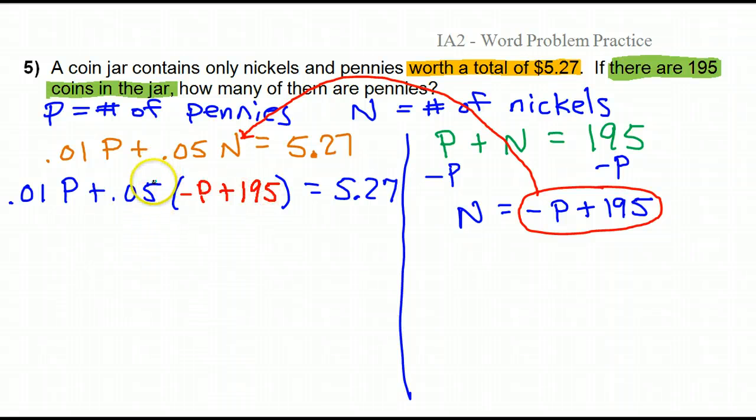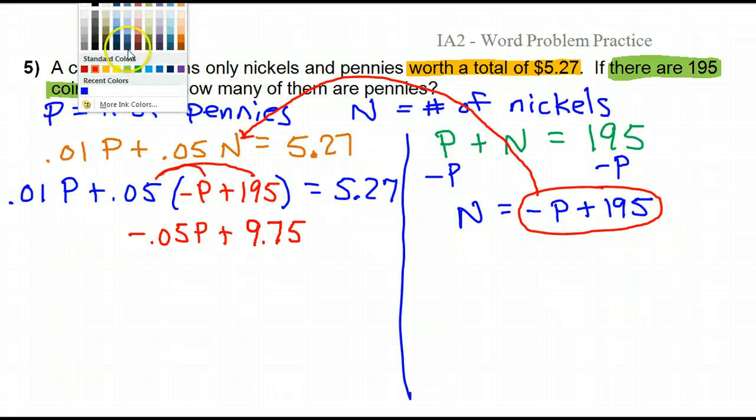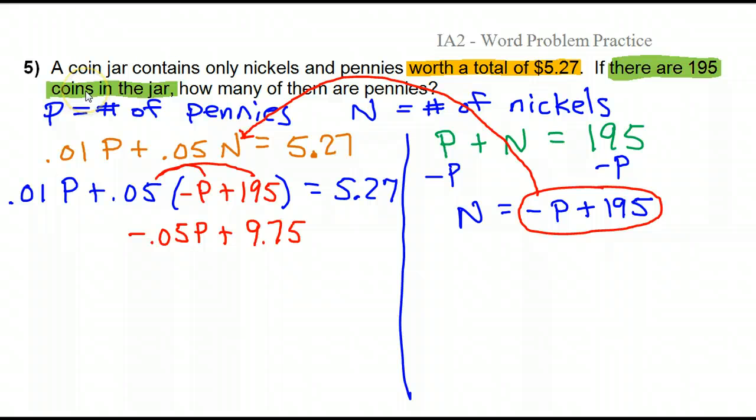Inside the parentheses goes my negative p plus 195. So if I do a little distributive property right here, that's a positive times a negative, so that's going to be minus 0.05 p. Now it's just a matter of what's 0.05 times 195. That turns out to be 9.75. And I'll just bring down everything else.